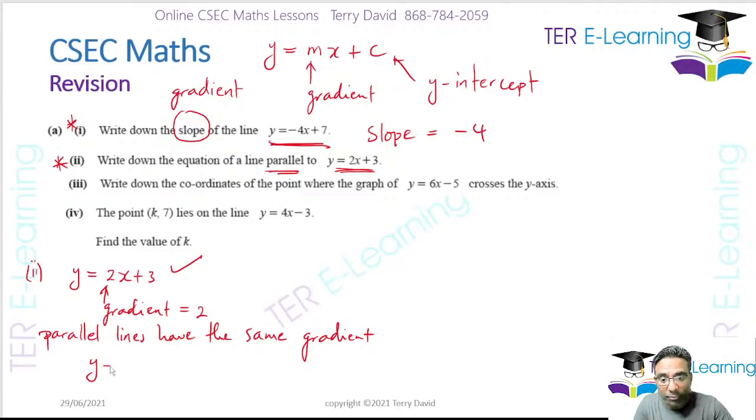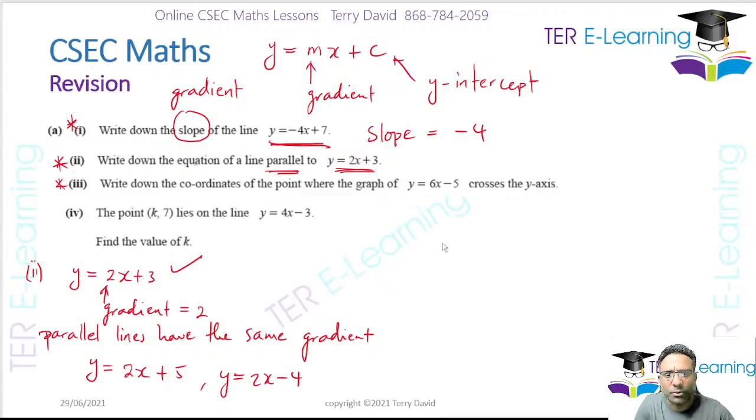So therefore, y is equal to 2x, and I could put any number here. I could put 5. I could put y is equal to 2x minus 4. All of those lines are parallel. All you need to do is change the c, and that's it. So the equation of a line parallel to y is equal to 2x plus 3 will be y equal to 2x plus any number. So that's my answer for part 2.